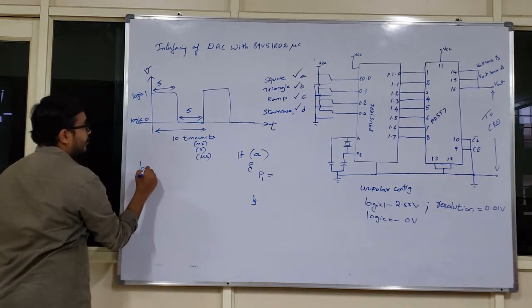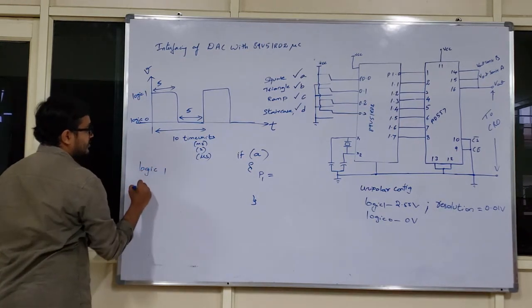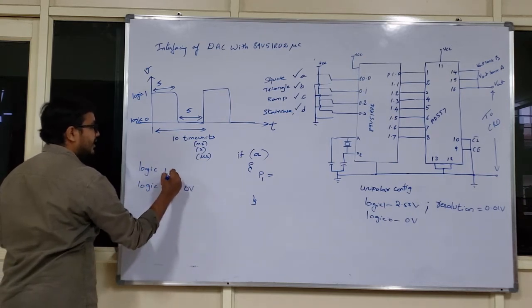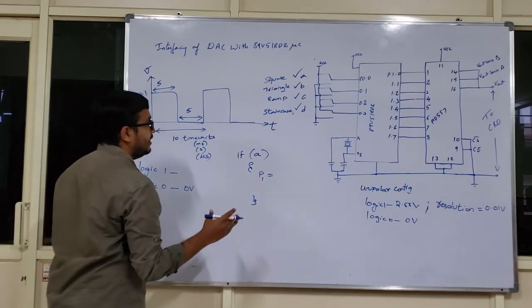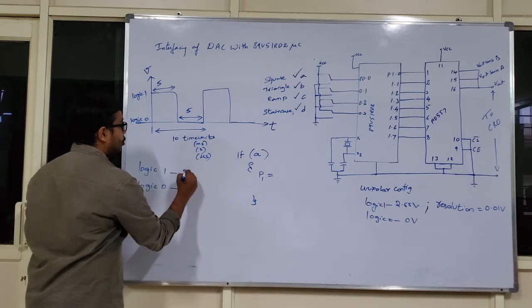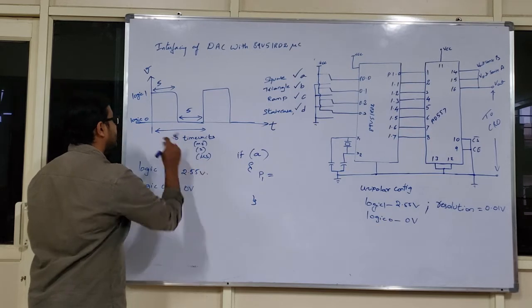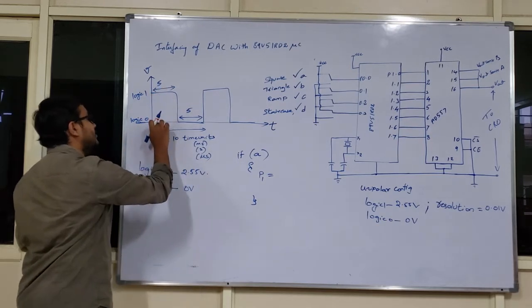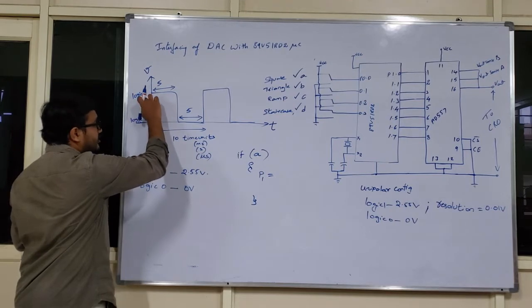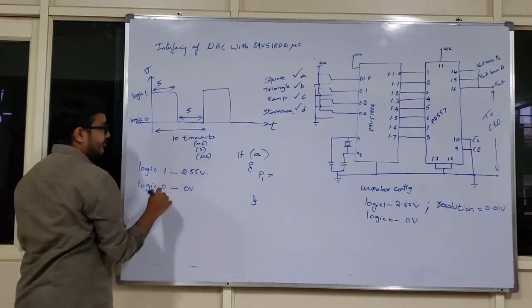So why not consider it like this? Logic 0 is simply 0 volts, and logic 1, because 8557 anyhow produces an output of logic 1 as 2.55 volts. That means this square pulse has 0 volts as its lowest swing and the highest swing is at 2.55 volts.